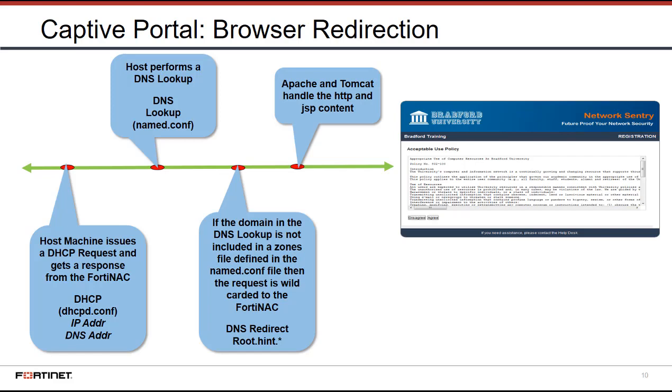Well, it is always going to be the DNS server, but in most cases, any DNS lookup is going to be the Fortinet. So the Fortinet is essentially going to wildcard and keep directing the host back to itself, to the Fortinet, for this portal page presentation.